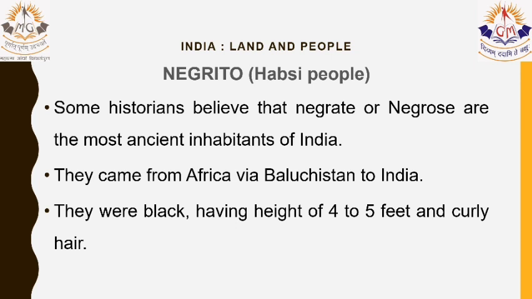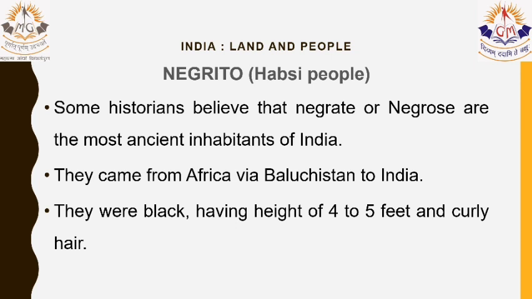by which the Negrito people must have come all the way from Africa to the Arabian countries, then to Iraq, then to present-day Iran, and then present-day Pakistan. They must have reached Balochistan. So these are the land routes that the primitive men, Negrito people, must have followed.